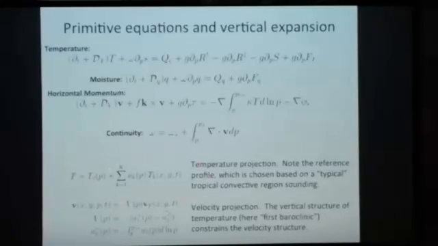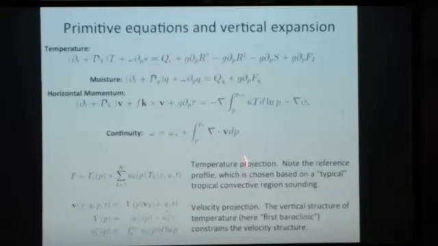Then we have a sum of terms, consisting of a part we call T sub k, which depends on x, y, and t, longitude, latitude, and time, multiplied by some vertical structure function, a sub k. You'll notice there's a sum here, k equals 1 to capital K. We can do this vertical expansion with as many of these basis functions as we want, as long as we can define them in some reasonable way.